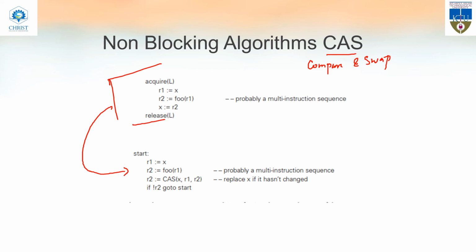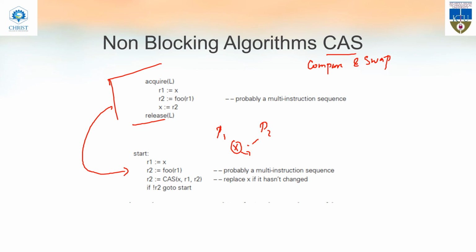To make sure that no other process has accessed that resource: if another process has written something, the value of x will be changed, right? If P1 is a process which is using x, and P2 is another process which is using x, and P1 has used the value and returned the value to x, the value of x will be changed.